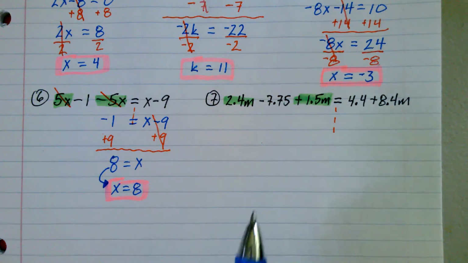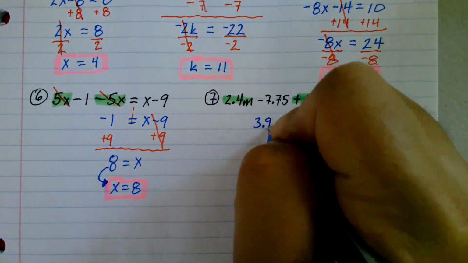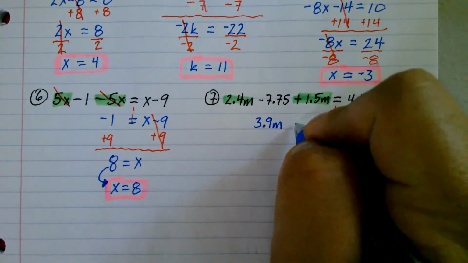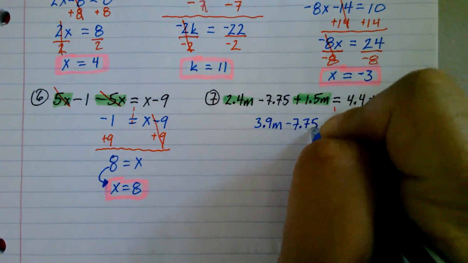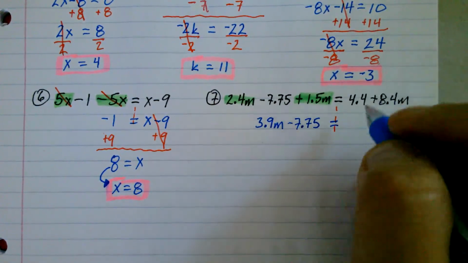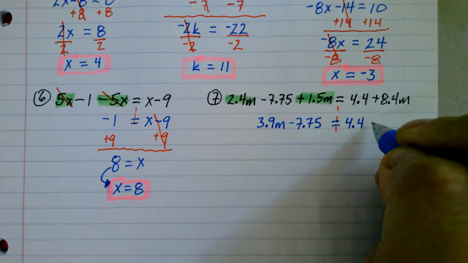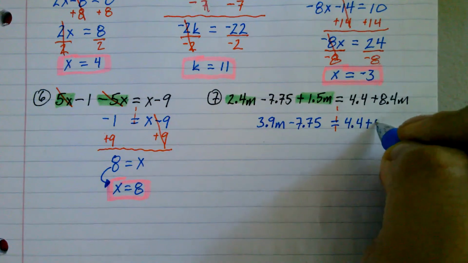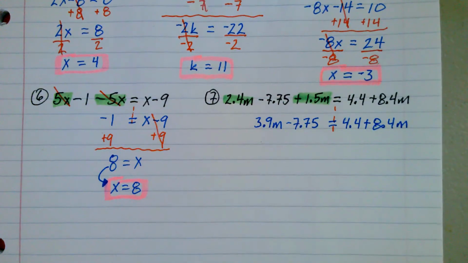Yeah, you're adding decimal numbers. 2.4 plus 1.5 is 3.9 m, minus 7.75 equals 4.4 plus 8.4 m. Okay? Any questions? All I did was combine some like terms.